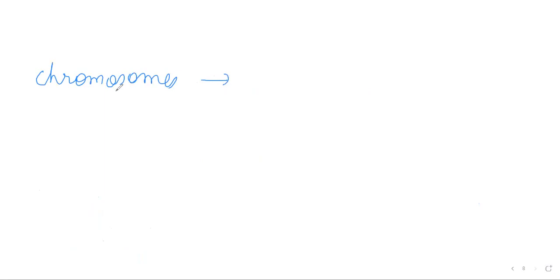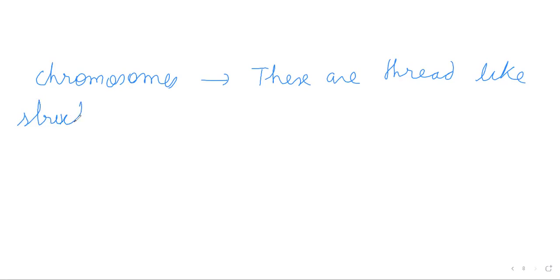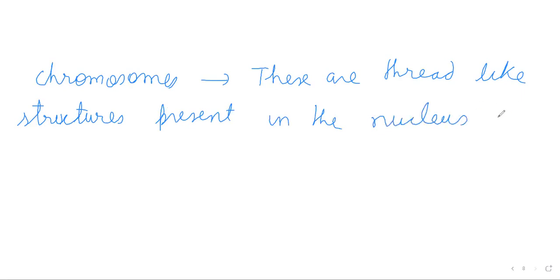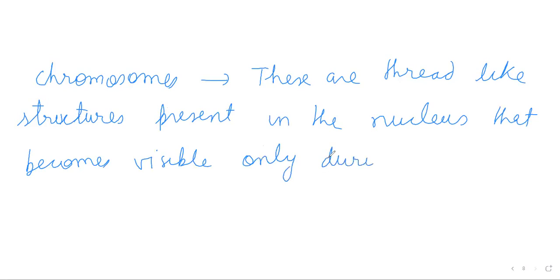These are thread-like structures. If the definition of chromosome comes, what will you write? These are thread-like structures present in the nucleus that become visible only during cell division.